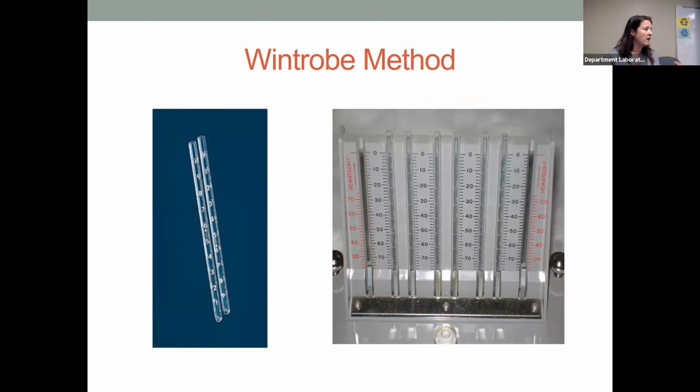If any of you already have some lab experience, you might have done this already. This is one of them. You have these glass columns here. You just fill it up with blood and let the blood sit undisturbed for 1 hour. We're measuring the rate at which these red cells fall out, and it's reported in millimeters per hour. That's the principle behind the ESR.